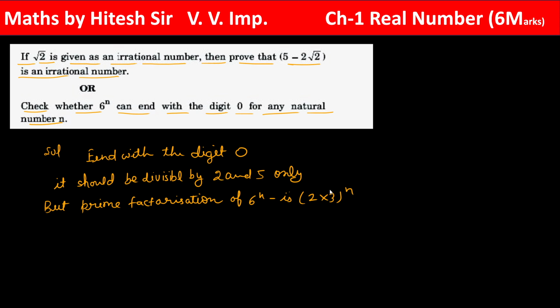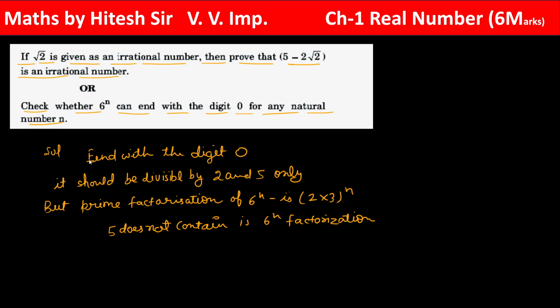So the prime factorization of 6 power n does not contain the prime number 5. So we can say that 5 is not contained in the 6 power n factorization, so the given number is not divisible by 5.